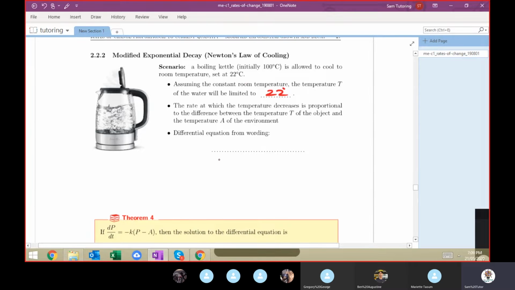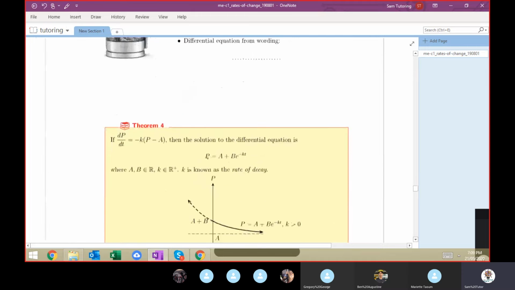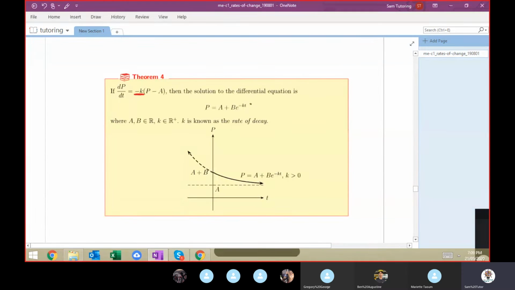If it's negative k, then that just means it's a decay question instead of a growth question, so it's e^(-kt). It's the same formula: if it's losing, it's negative k; if it's increasing, it's a positive k. All right.